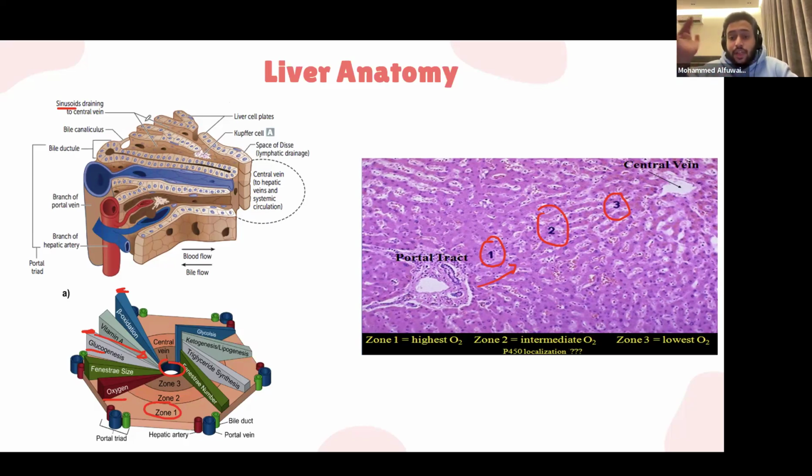Around the sinusoids is very important. If you have fibrosis around the sinusoids, this can compress on the sinusoids, okay, because of the fibrosis. If you have compression of the sinusoids, this will cause a lot of pressure to build up before the area of obstruction or the area of fibrosis, which is going to go into the portal circulation, which can cause or is one of the pathogenesis of portal hypertension.